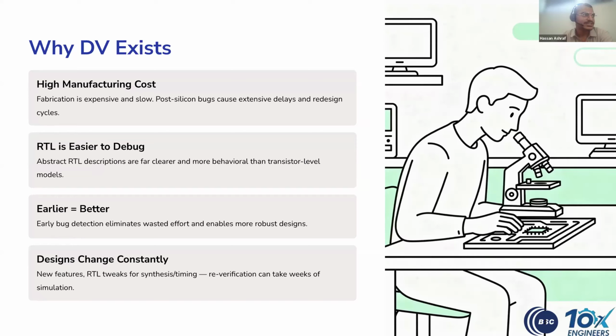Design changes constantly. So new features, RTL tweaks for synthesis and timing. Once you have developed the initial RTL design, you move to the next phase, that is the physical design. And there you do the place and route. You actually design how your chip will look, which module will be placed where.